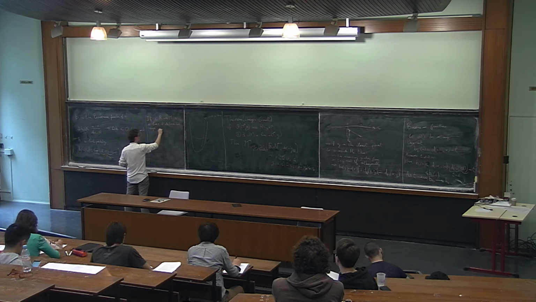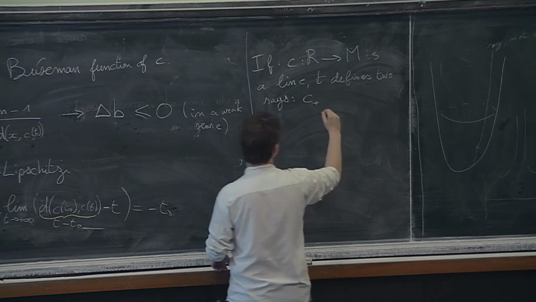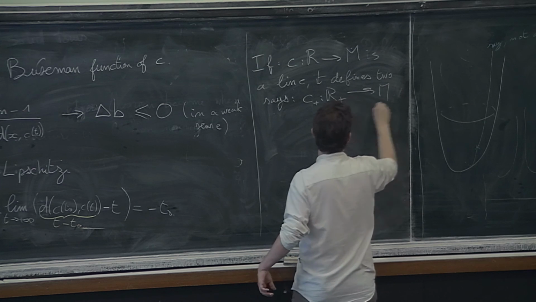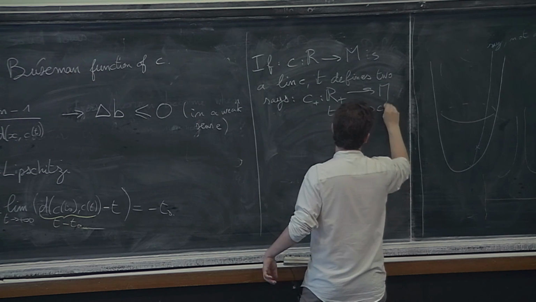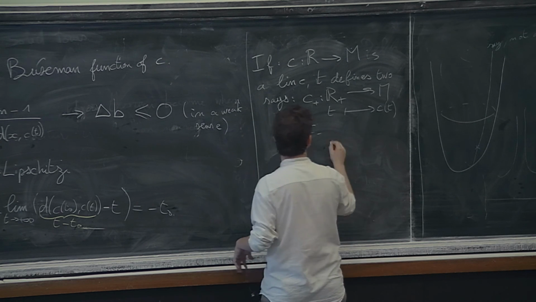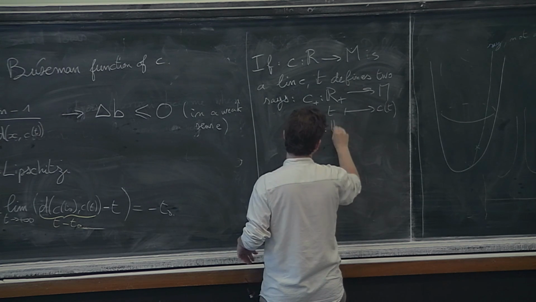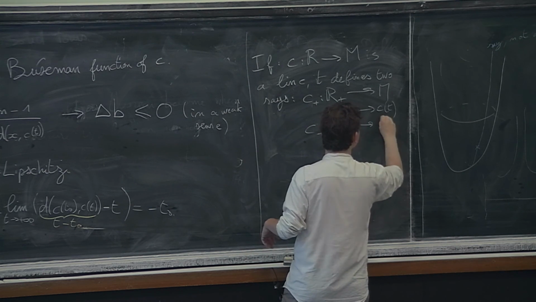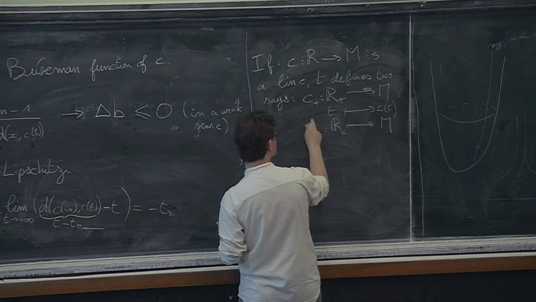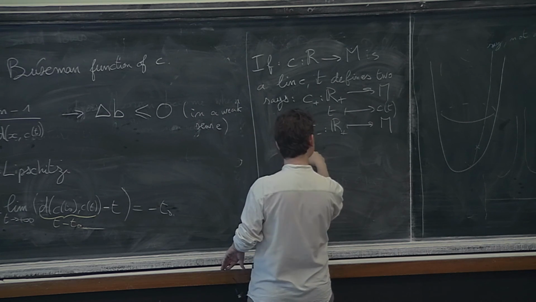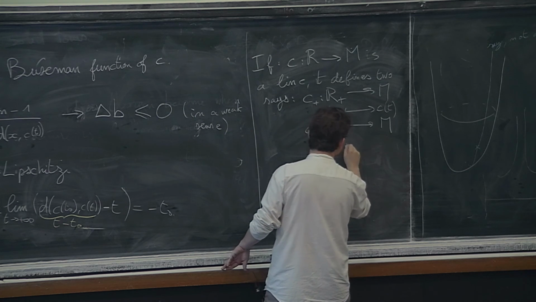So the first one I will call c plus, which is just, I go from R plus to M and I map t to c of t. And there's another ray, which is c minus, which will go from R plus also to M, and which will send t to c of minus t.